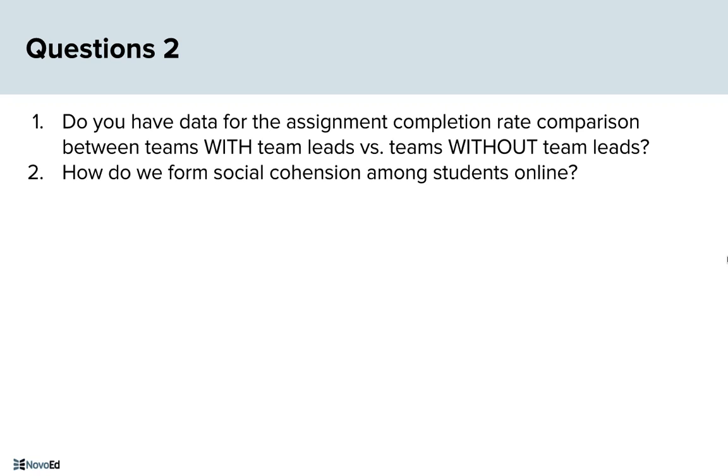Finally, social cohesion among students online. This is a great question, and I think it really goes back to getting at what people are interested in and giving people the opportunity to bond. One of the examples was in the strategy course.